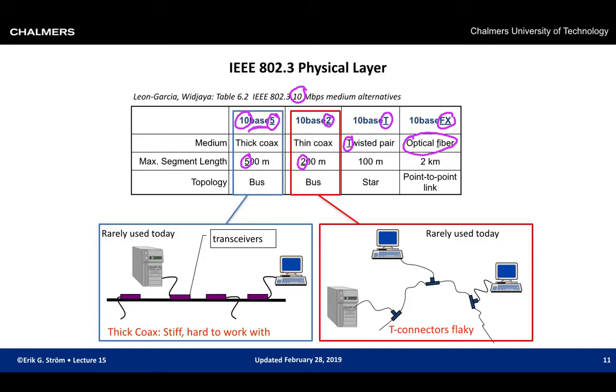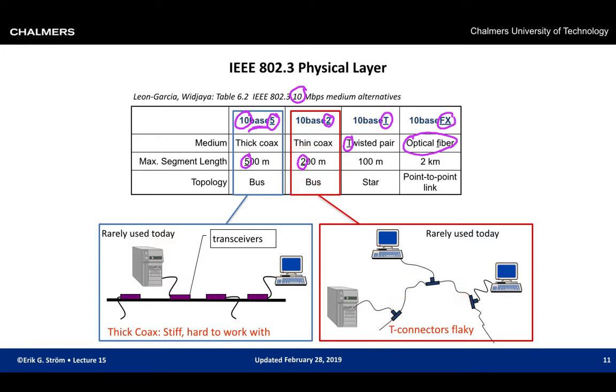But anyways, this was the first one. So it has some hosts, and then there is this coaxial cable. It's a rather thick coaxial cable, so it's kind of bulky. It was stiff, a little bit hard to work with. So then one took a little bit thinner coaxial cable in this standard here.